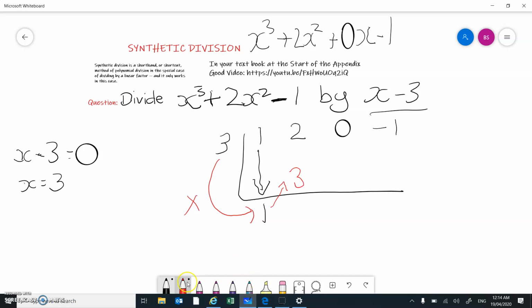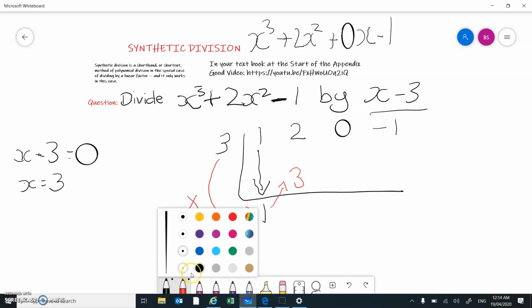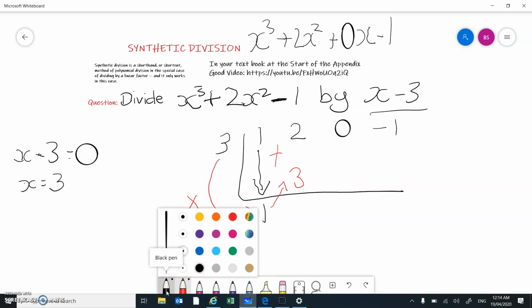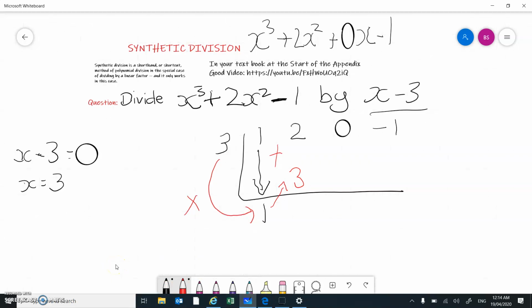And then we add. So 2 plus 3 gives us 5.